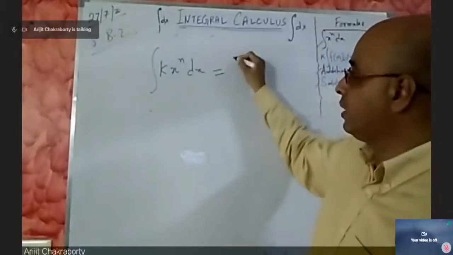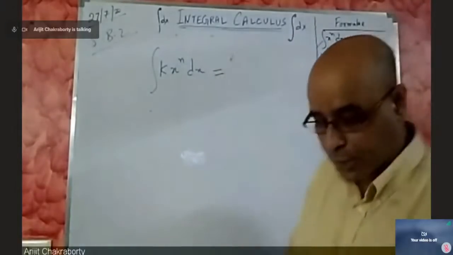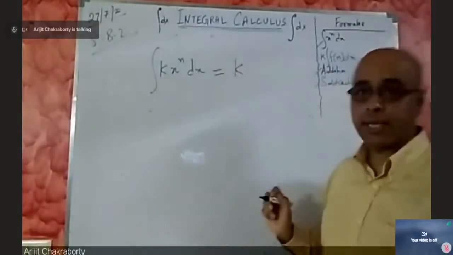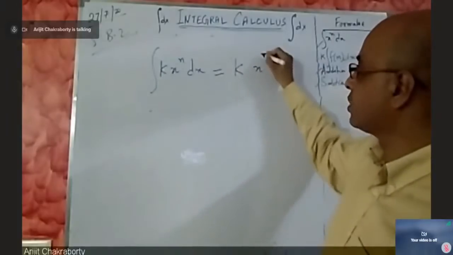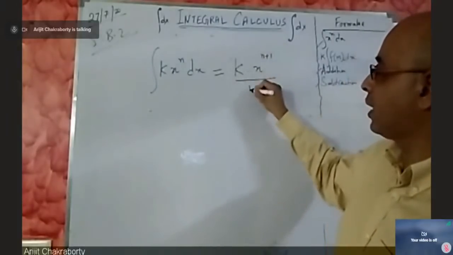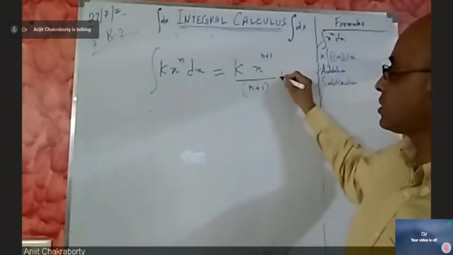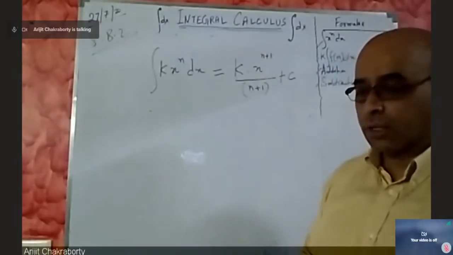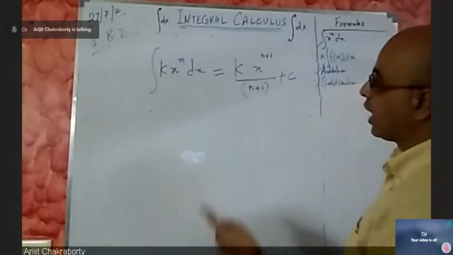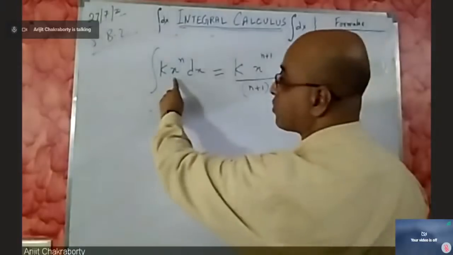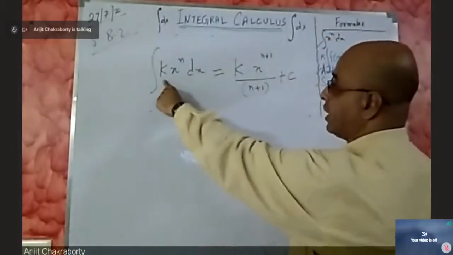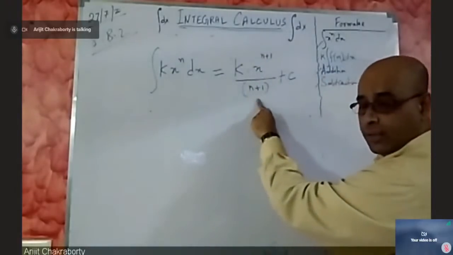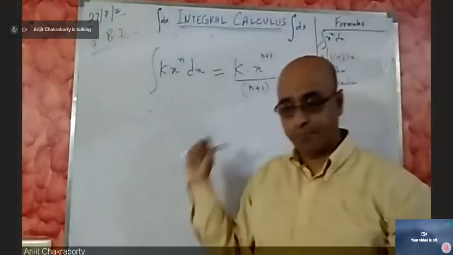The result of this expression will be k into x to the power n plus 1 divided by n plus 1 plus c, the constant of integration. So this is a case where you have, apart from x to the power n, you also have k. Now k will go outside x to the power n plus 1 by n plus 1. Okay, which we did. So this is a standard formula.